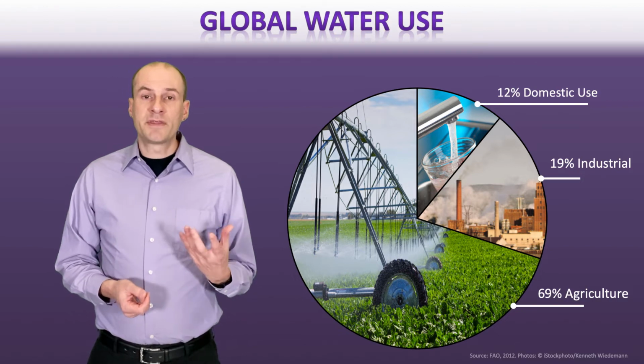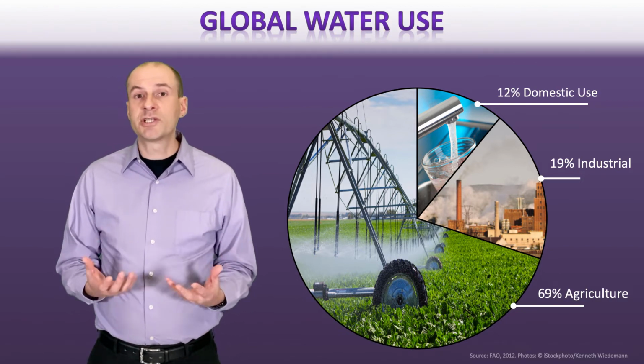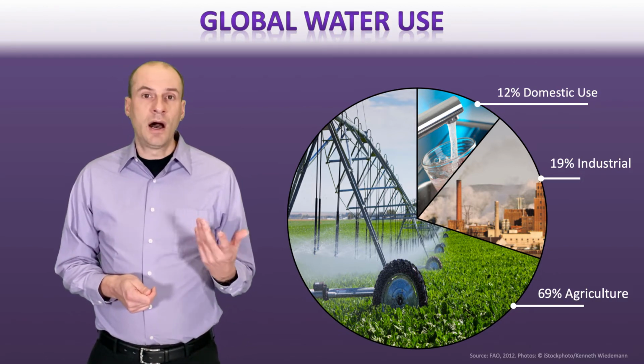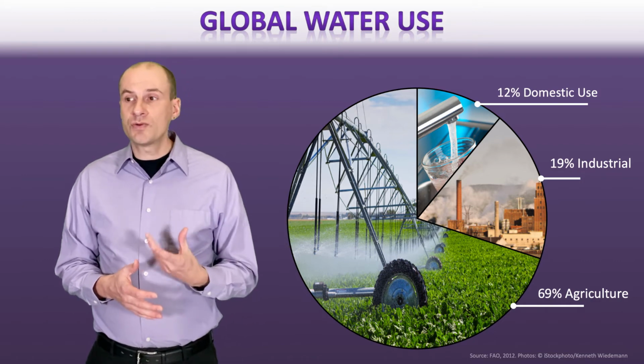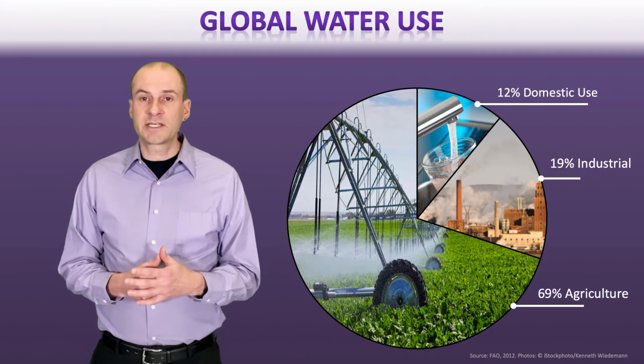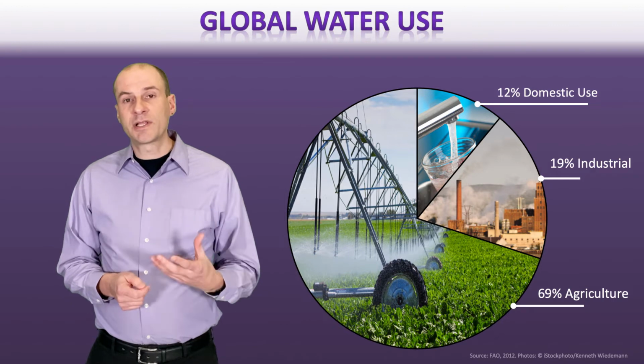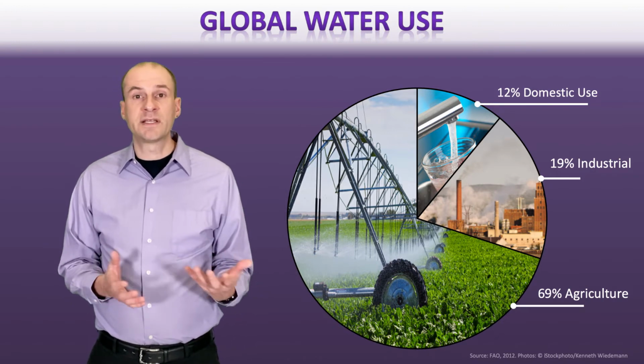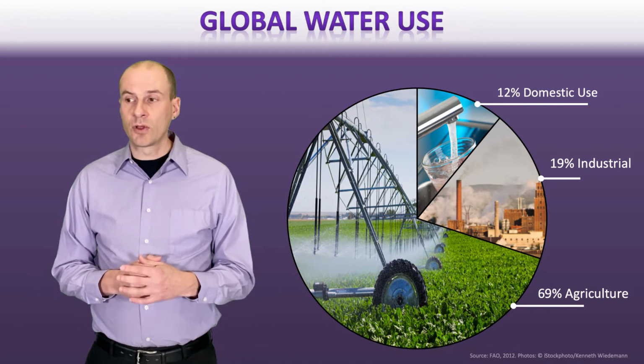Now, there are relationships going on here. Actually, only about 12% of water use in terms of clean water is for domestic use. About 20% is industrial, and about 70% is agricultural when we speak globally.